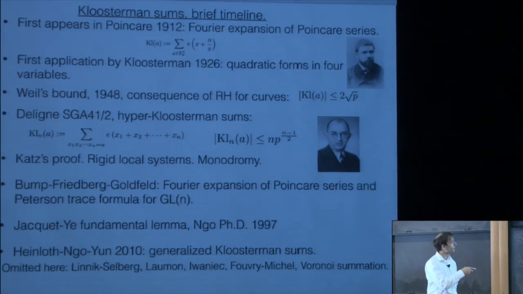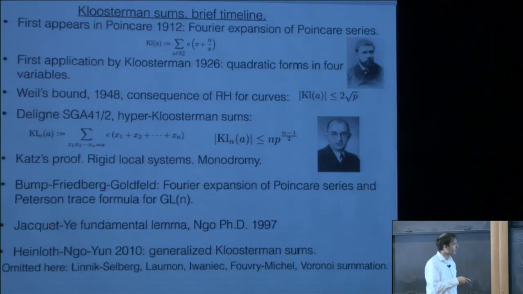Katz has developed the l-adic machinery much further and understood the monodromy, that it's a rigid local system. Then there is this work, which is essentially an extension of Poincaré's calculation to GL_n.